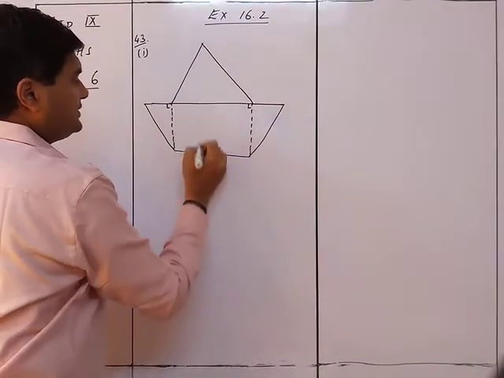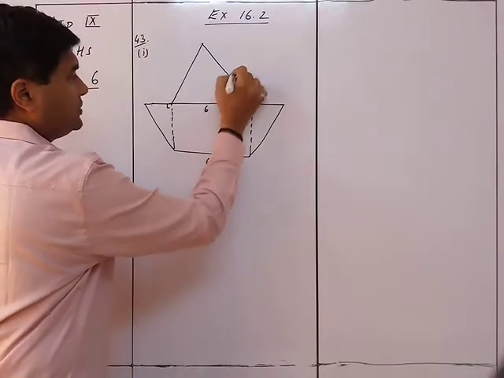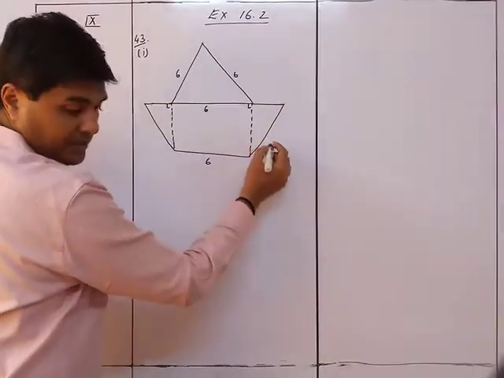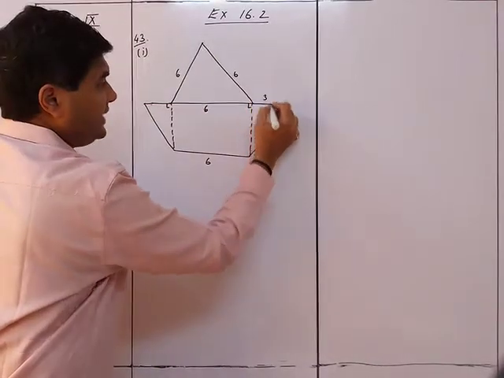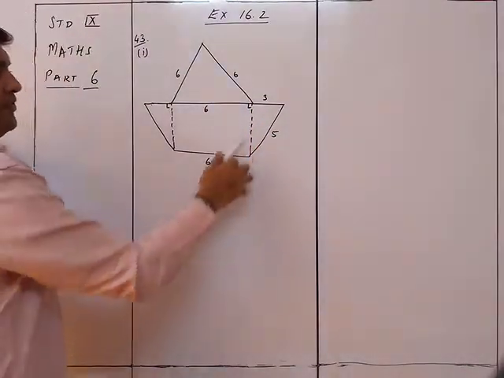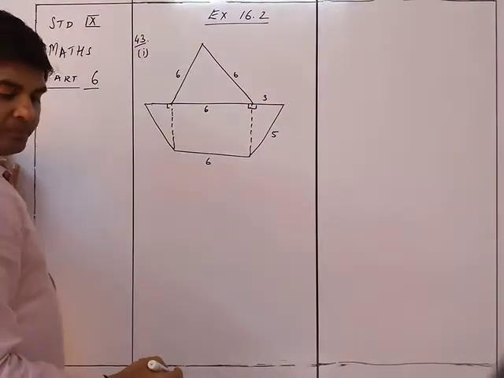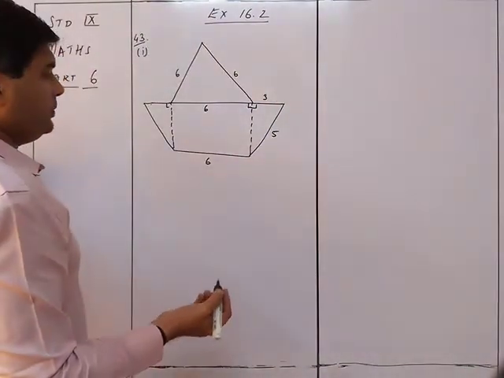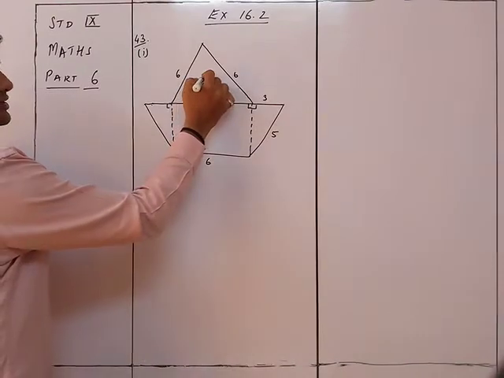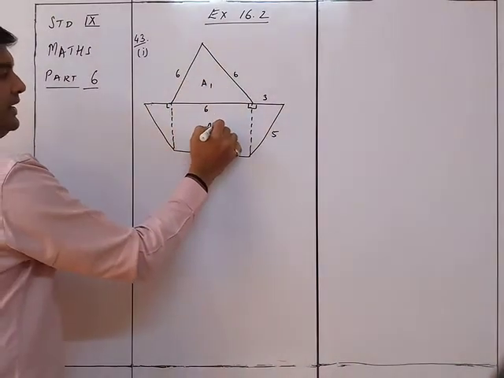And if this is 6, this will also be 6, and this will be 6. They are given that this is 3 and this is 5. So you can easily find out the height over here by the Pythagoras theorem because this is 90 degrees. Let's say this is A1 and this is A2.